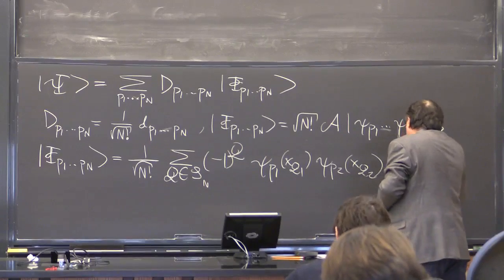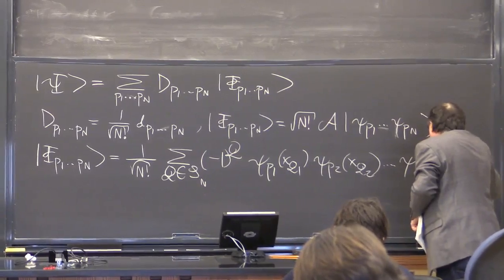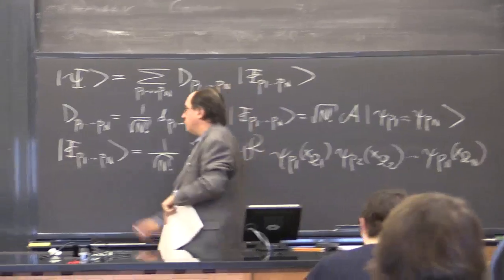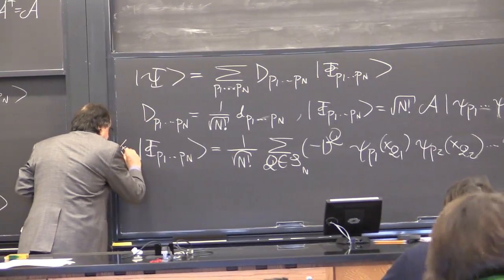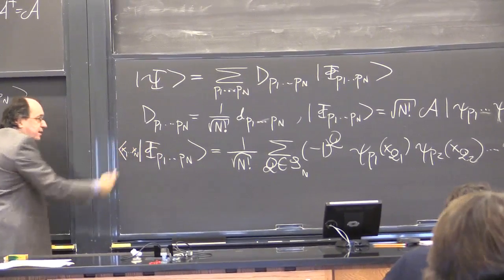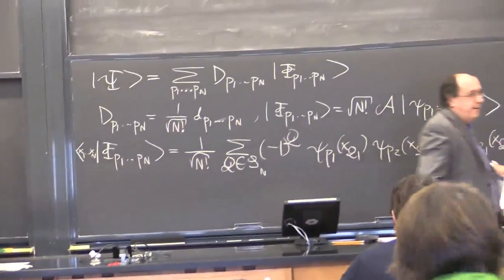And then in the end, the last one after some dots, we have psi pn x qn. That's what you end up with. And that is, of course, the coordinate representation. So in principle, if you want to be really strict, you should write x1 through xn here, meaning the value of this function at a specific choice of your coordinates. So you can see that's what I get.